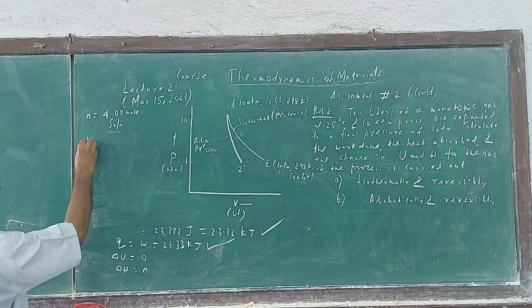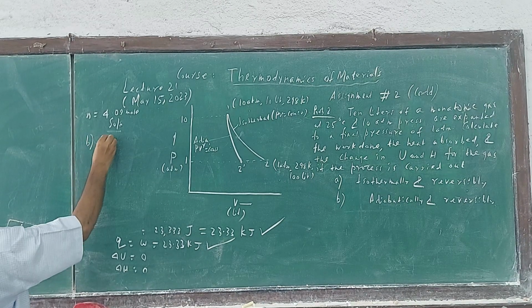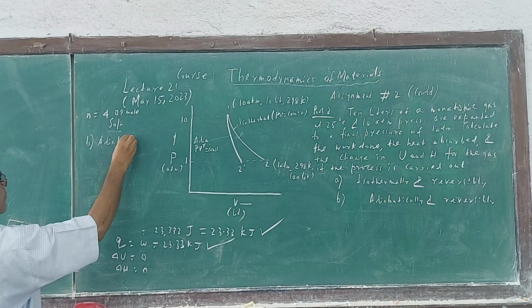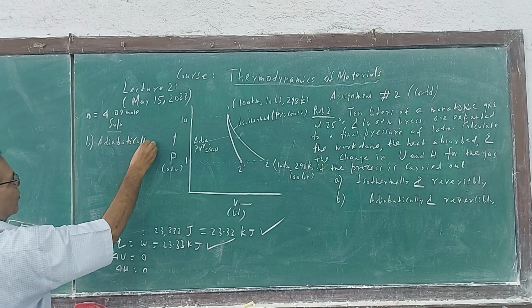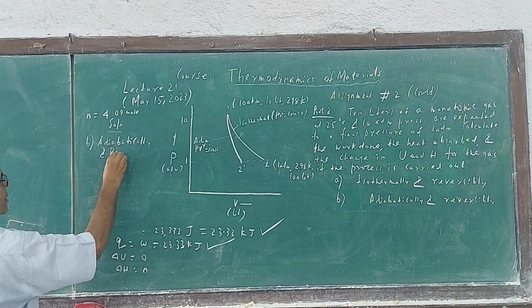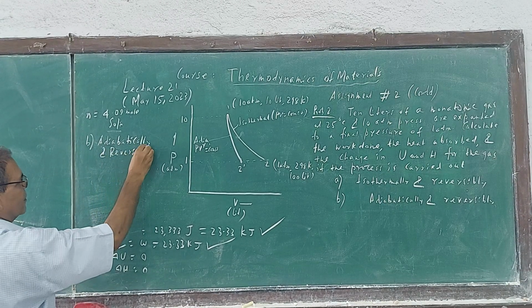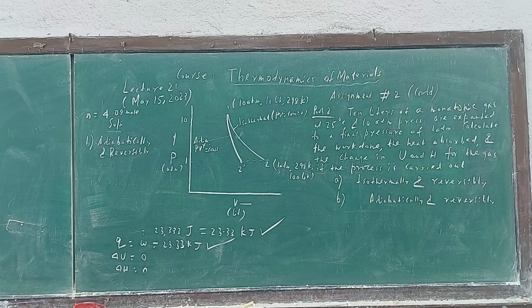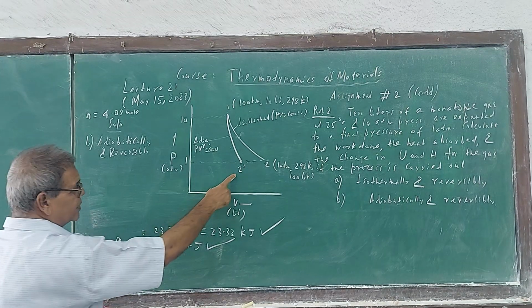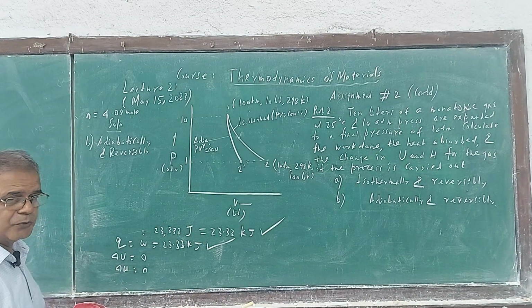Here, second is B, adiabatically. For adiabatically, remember, reversibly, you write it once more, no problem, because adiabatic needs caution. Reversibly. Happy? Quickly. So first of all, it is better that we do this.